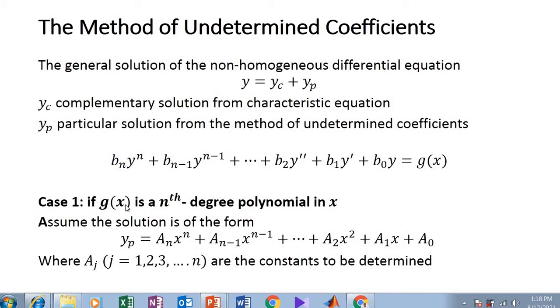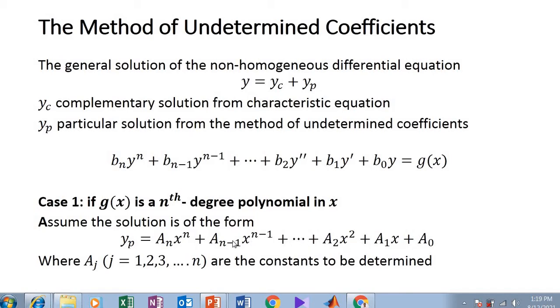If g of x is an nth degree polynomial in x, we assume that the particular solution will be of the form an x^n plus a(n-1) x^(n-1) and so on.